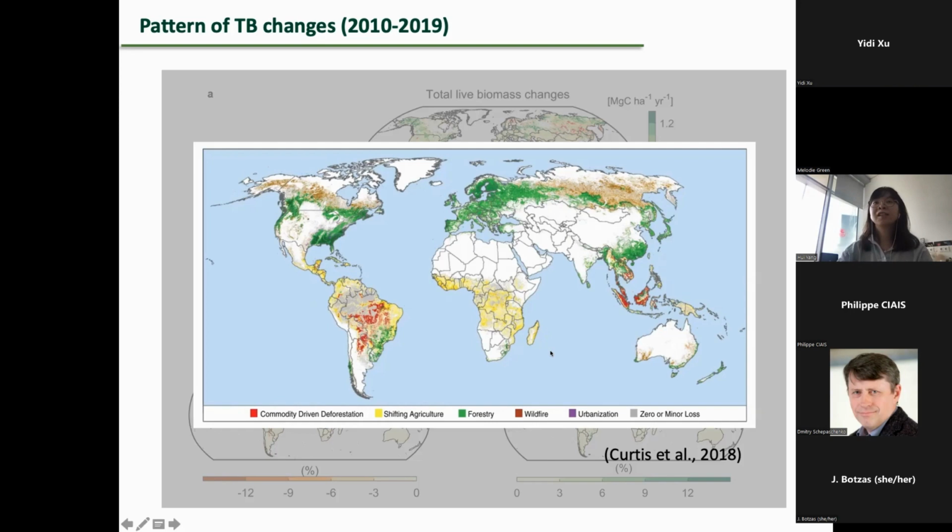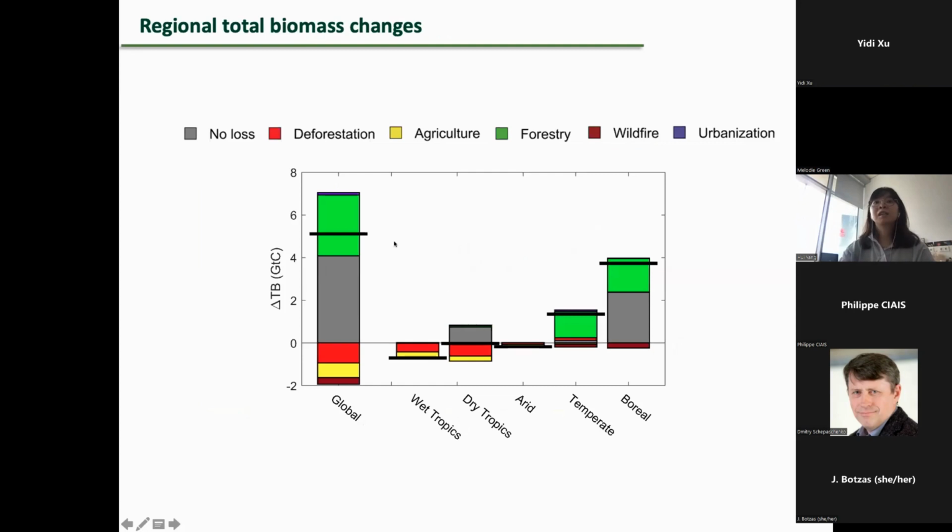We calculate the biomass change for each of these clusters and get this figure. We found in the wet tropics and the dry tropics, the carbon loss mainly comes from regions with deforestation and agricultural disturbances. In the temperate and the boreal region, the forest increase is from the regions of forestry and non-forest loss.